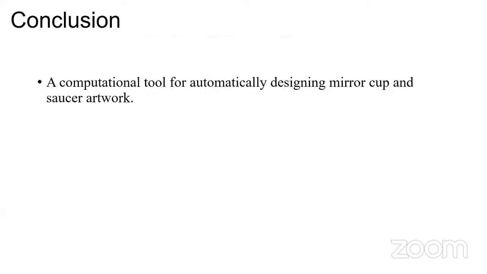So to conclude, we propose a computational tool for automatically designing mirror cup and saucer artwork. It can help users produce mirror cup and saucer art with desired images and saucer surfaces. And our algorithm is robust enough with different inputs and has no additional requirement on input saucer shape.